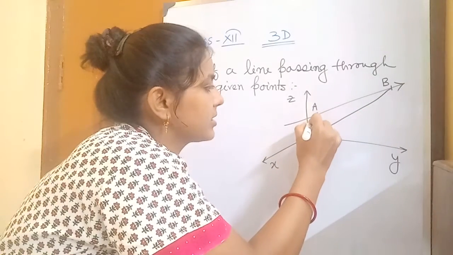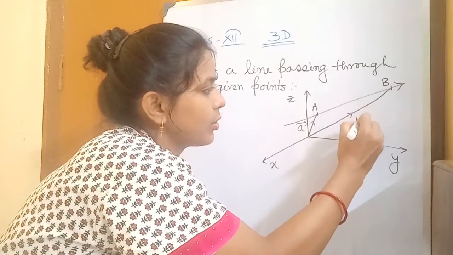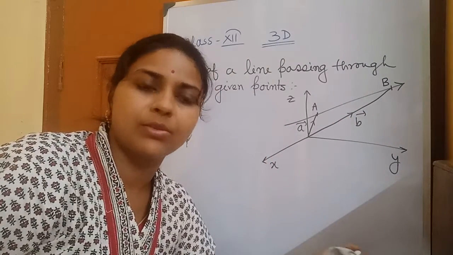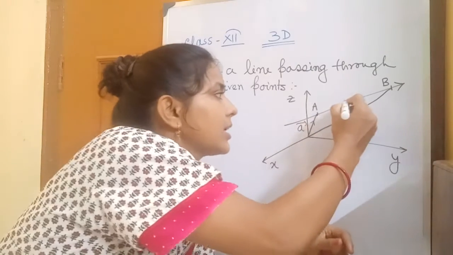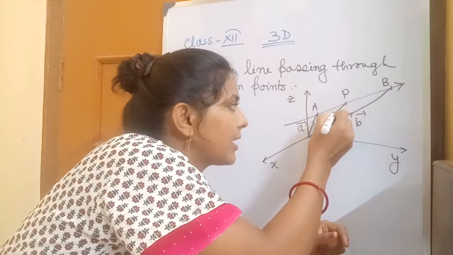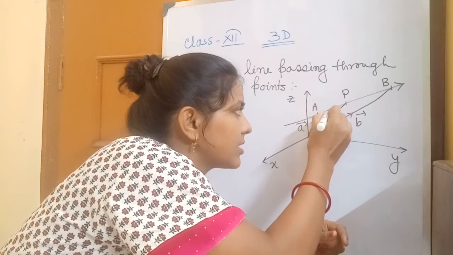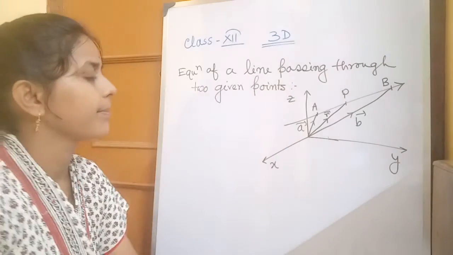We will take their position vectors' names as small a vector and small b vector. For doing this, like the previous one, we need to take a general point on the line. Think of this as a general point P, and we will again join it here. So this is the R vector, I am taking the R vector. Okay.